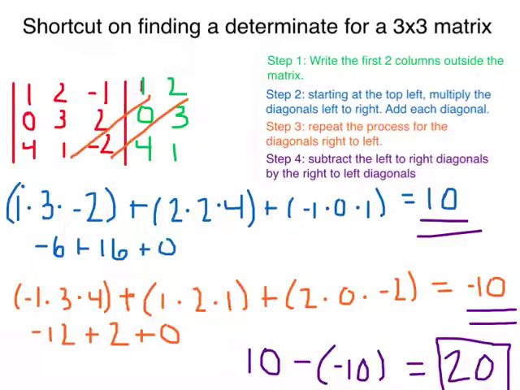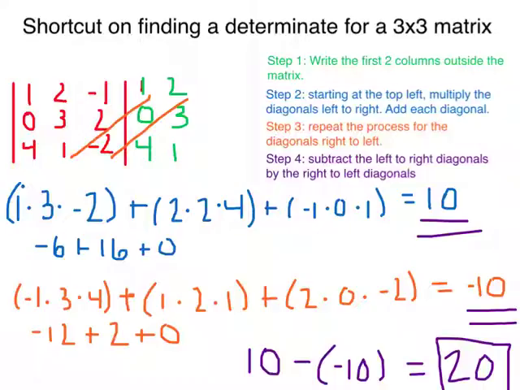It's important to know that this only works for a 3 by 3 matrix. However, it is the same process that you use to find a 2 by 2 matrix. To find a 4 by 4 matrix, the process is a little more complicated, and that kind of defeats the purpose of a matrix. I always recommend using some sort of technology for anything greater than a 3 by 3 matrix, such as a 4 by 4 matrix or higher.